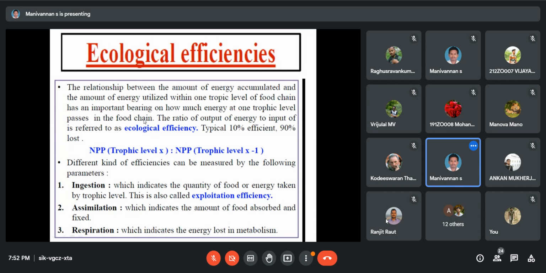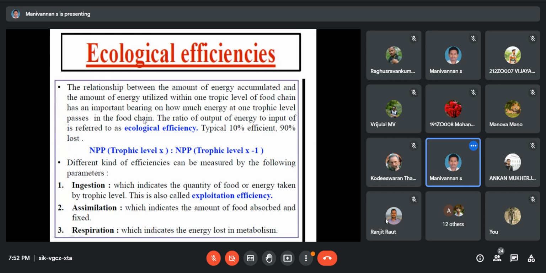These are the three important terms: ingestion, assimilation, and respiration. Finally, it means that we lose 90% of energy from one trophic level to the next.